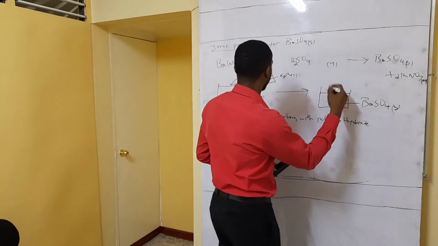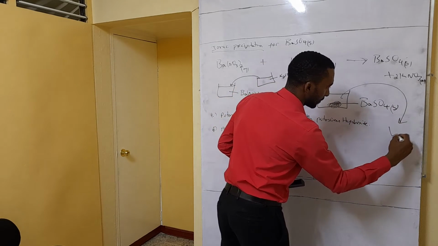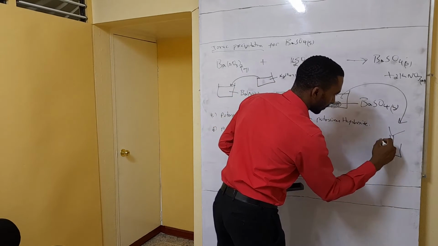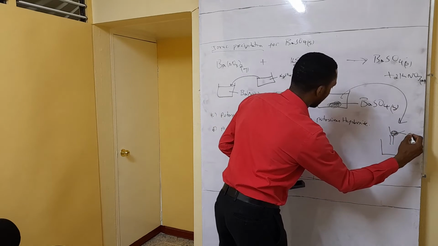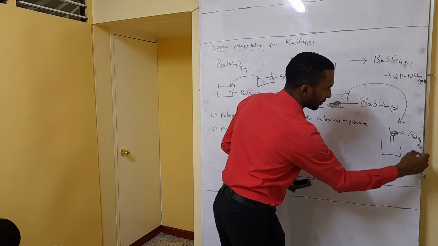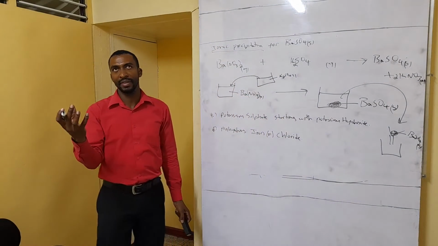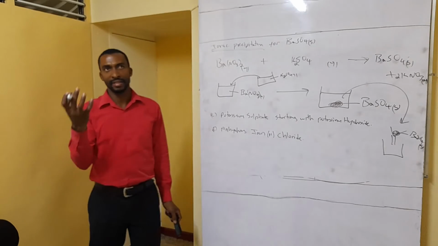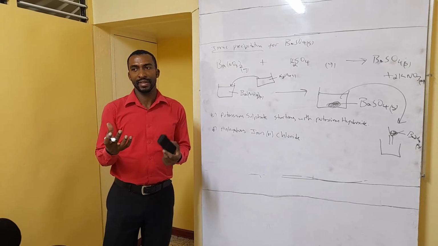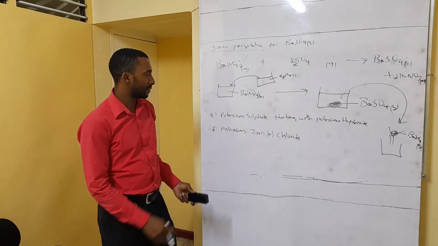So we put this in a filter. Now this is the barium sulfate that we want, so it would be the one in the filter paper, because filter paper will allow aqueous ions to pass through but not solid compounds. Good, so that's the method.